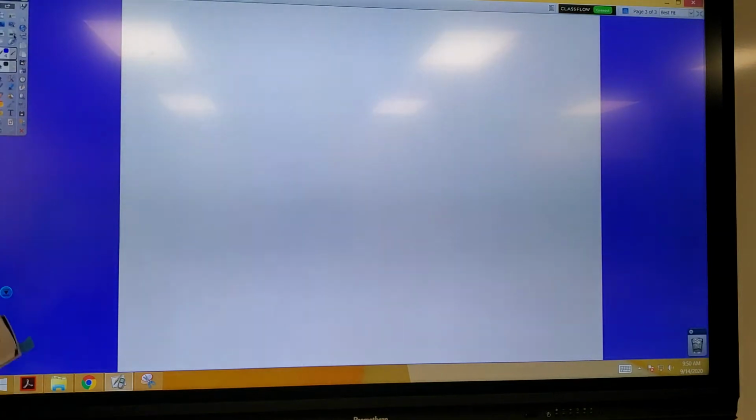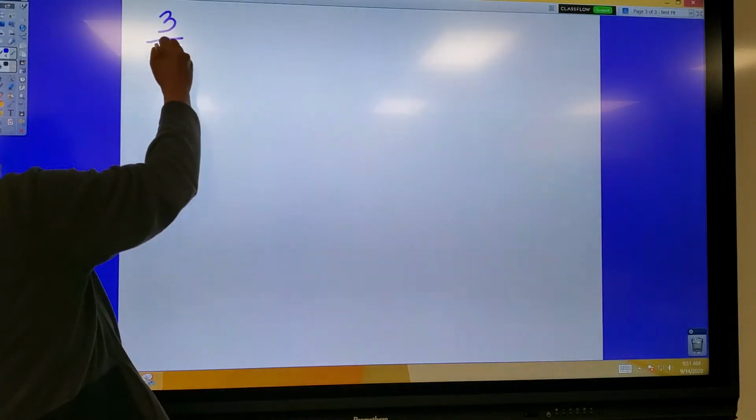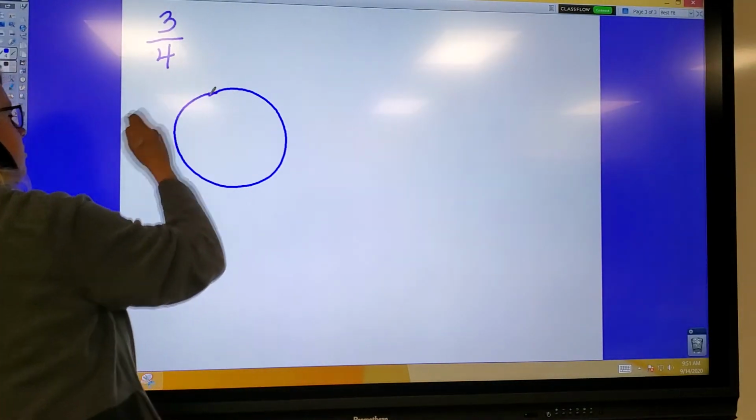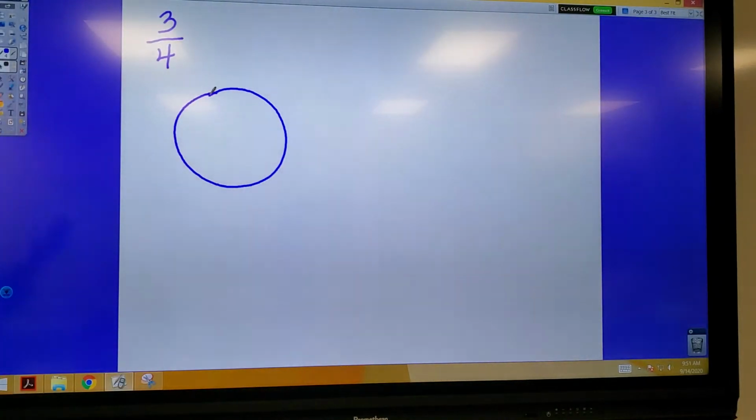All right, so we can represent fractions by drawing pictures. Now, I'm not gonna have you do pictures on your assignment, because doing that on a Google form would be pretty tough. But let's say we had the fraction 3/4, and I gave you a circle. So we're gonna pretend like that's a perfect circle, okay? I know it's not, and I'm sure in your notes it's not gonna be a perfect circle, but these are just notes, okay?